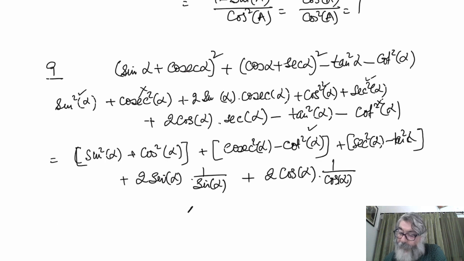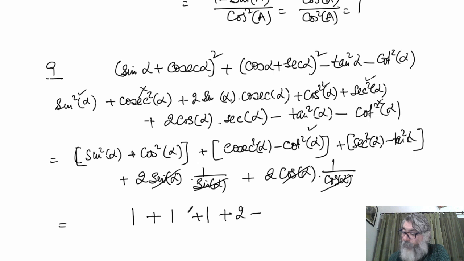Sine square alpha plus cos square alpha is 1, cosec square alpha minus cot square alpha is 1, sec square alpha minus tan square alpha is 1. Sine alpha will cancel, cos alpha will cancel, leaving plus 2 plus 2. So 1 plus 1 is 2, plus 3, 3 plus 2 is 5, 5 plus 2, 7 is the answer.